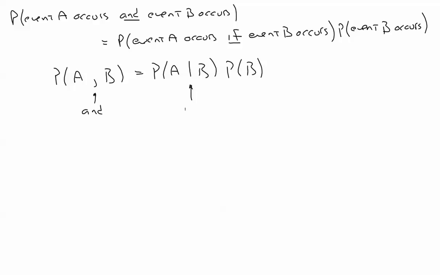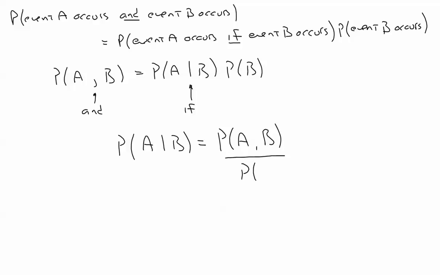And that vertical bar is my conditional, if. Simplifying even further, I can say the probability of A if B equals the probability of A and B divided by the probability of B. All right, that's one of our fundamental relationships for conditional probability.